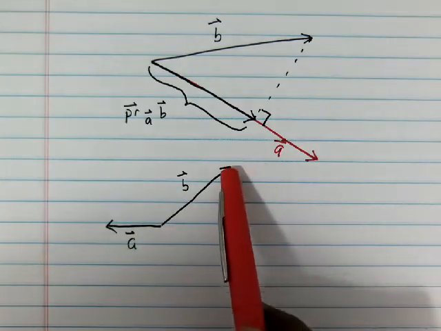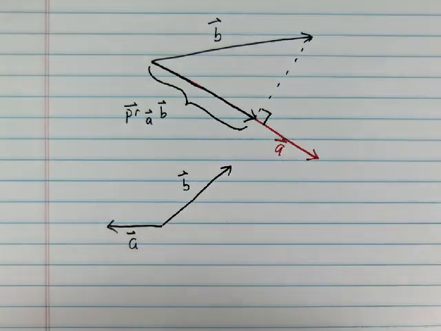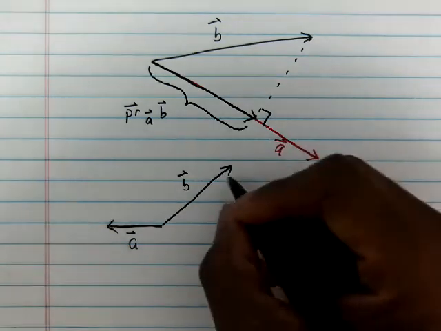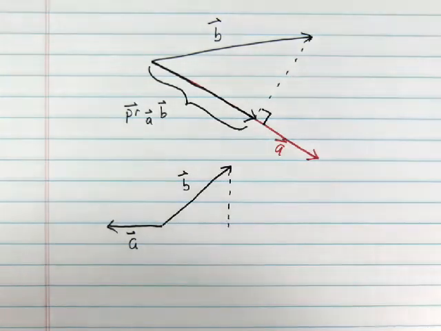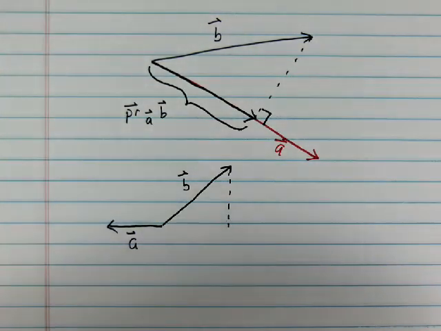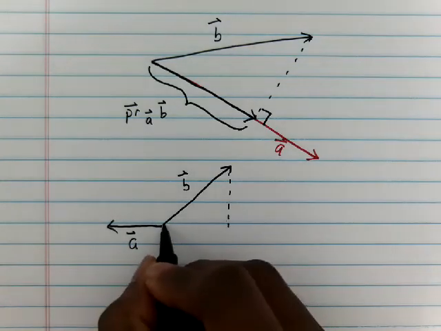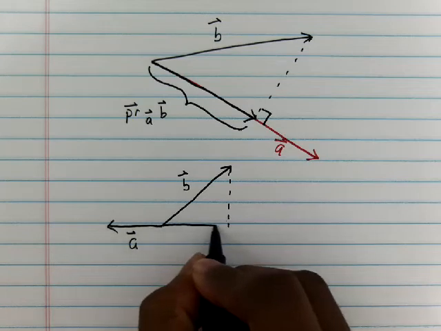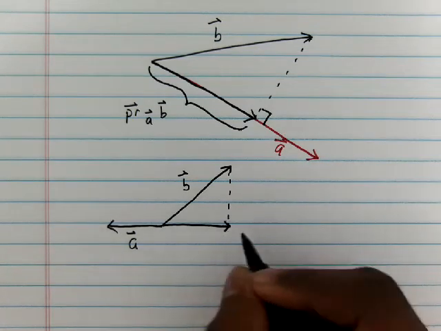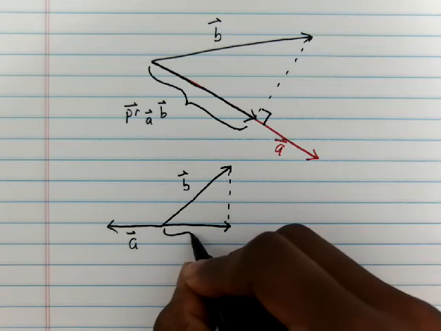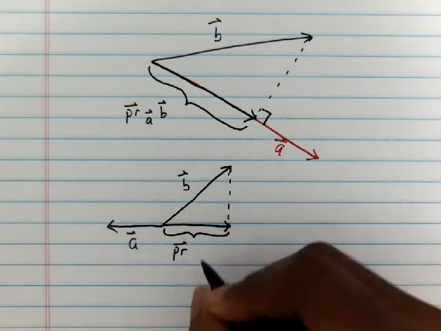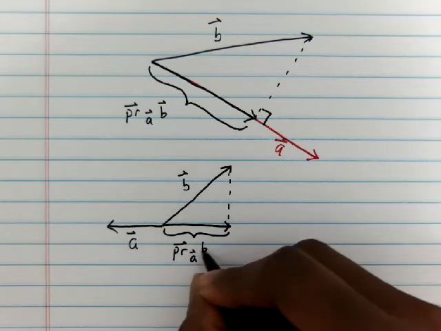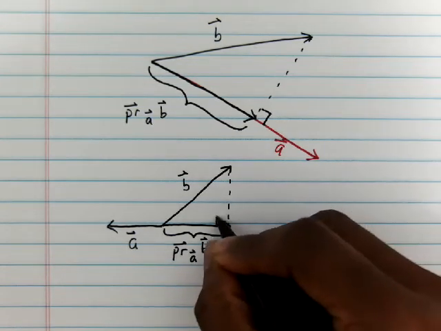We still have to drop it perpendicular to the vector A. So we will drop this down like that. And then our projection vector will be that vector right there. So this now will be the projection of B onto A, where that's a 90-degree angle right there.